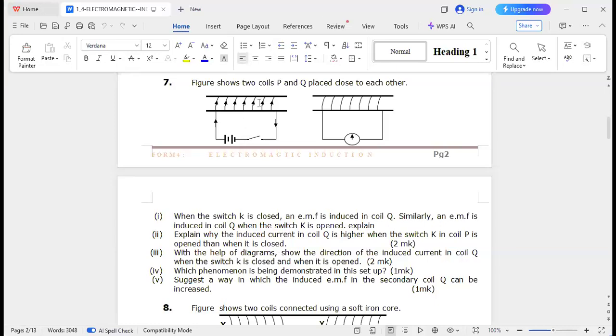So I was confused there. Have we changed the poles? We haven't. The left is positive, right is negative. So the direction drawn here does not change whether we are switching on or switching off. It remains the same.